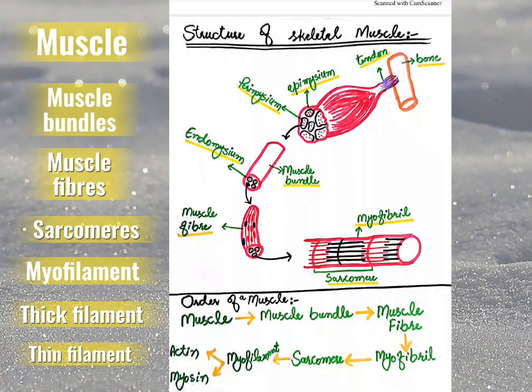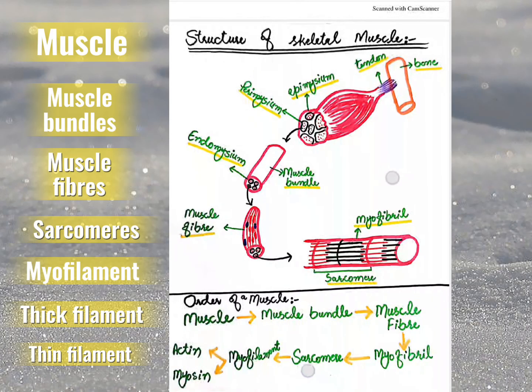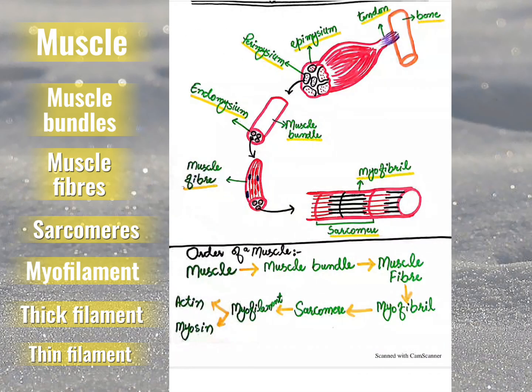So this is sarcomere. Now when we further study the structure of the sarcomere, we find that the sarcomere has myofilaments. Myofilaments are actually the dark and light regions which are found on the structure of the muscle. On the sarcomere there are two regions, the dark regions and light regions.